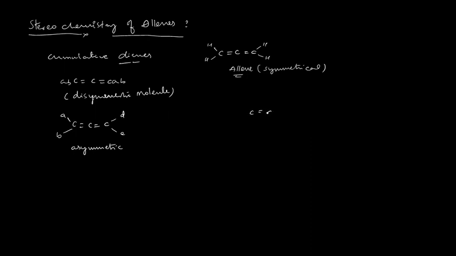C double bond C double bond C, here COOH, one of the hydrogens substituted with hydrogen, and the third carbon having COOH, AB group.